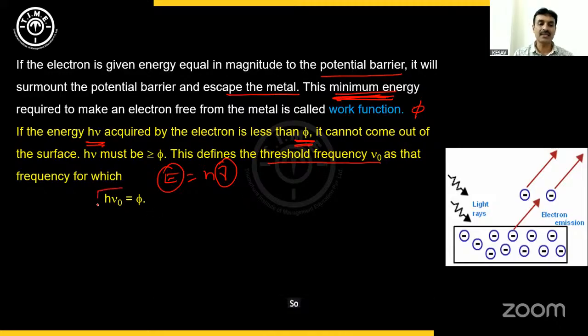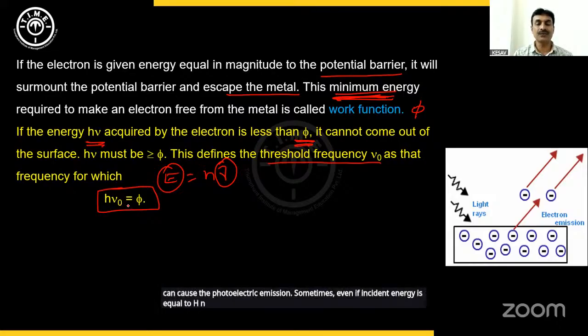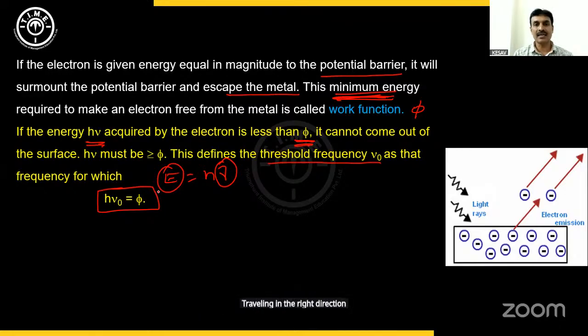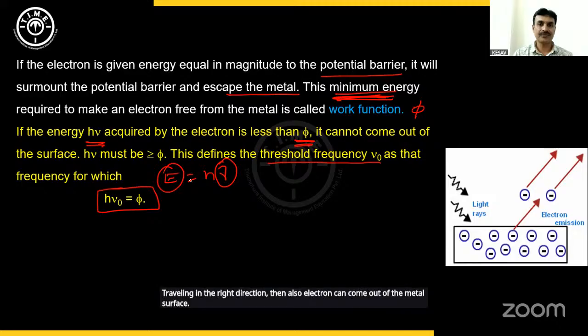So, work function is equal to h nu naught, where h is Planck's constant, nu naught is the threshold frequency. So, any energy more than h nu naught can cause the photoelectric emission. Sometimes, even if incident energy is equal to h nu naught, if the electron is traveling in the right direction, then also the electron can come out of the metal surface.